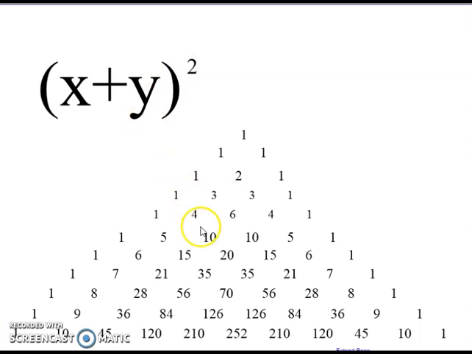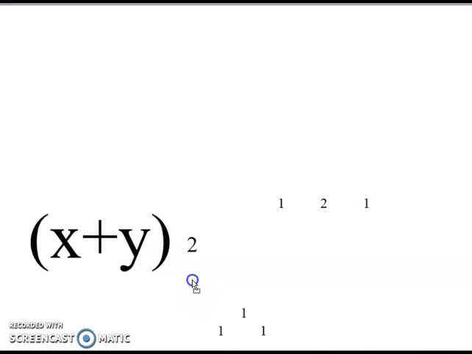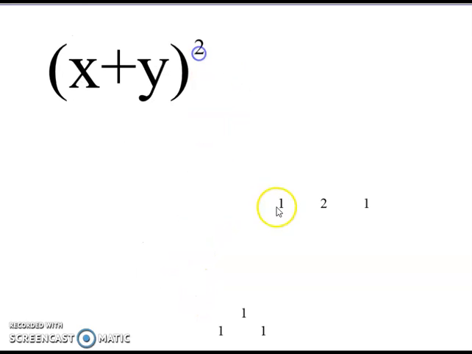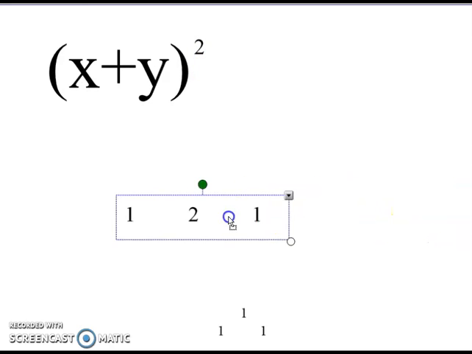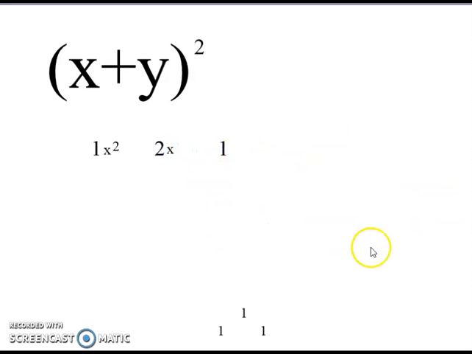According to Pascal, if I take (x + y)^2, my answer will be 1, 2, 1. Right? And how this works is, I take my x and it is being squared, so I take x squared, then x to the power of 1, and we all know x to the power of 0 is 1, so I don't have to put x to the power of 0.